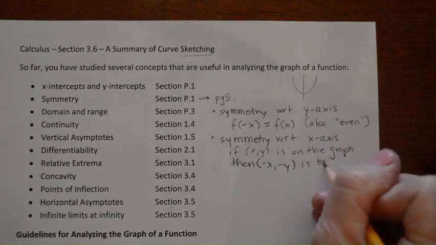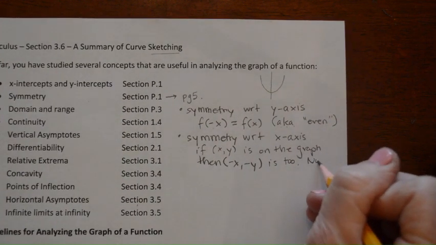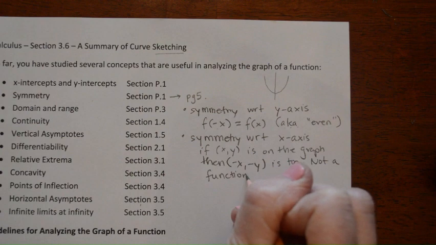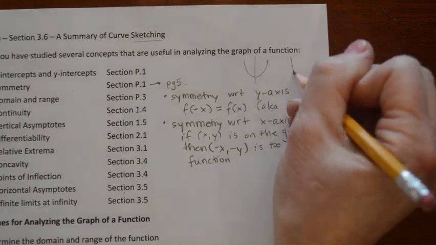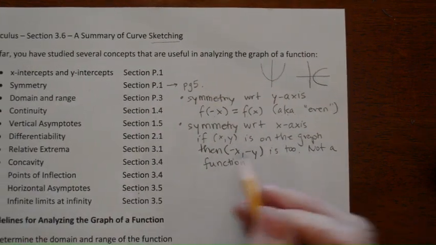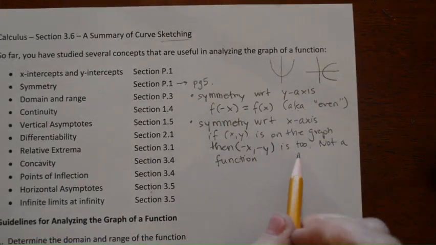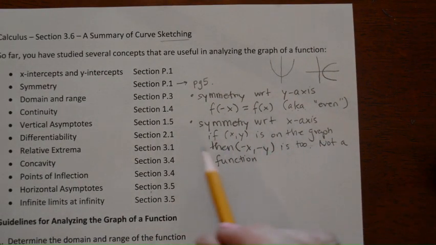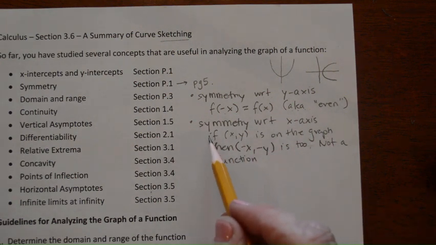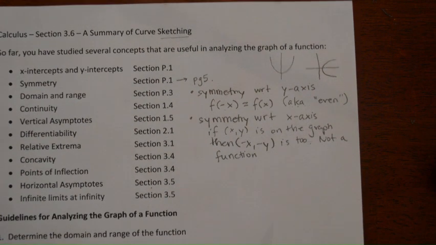But this is not a function. Again, if we have symmetry with respect to the x-axis, we're talking about something like this, and that's not a function. And we will not be graphing anything that's not a function. Everything that we will be graphing is a function. And so while this is a symmetry, we're not going to look at that type. We just won't run into it.